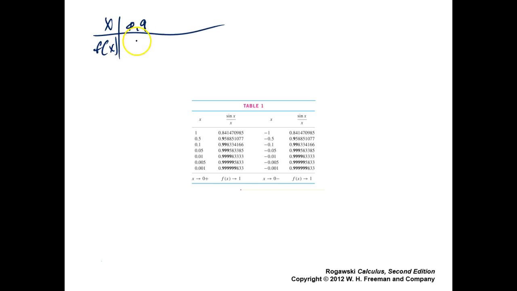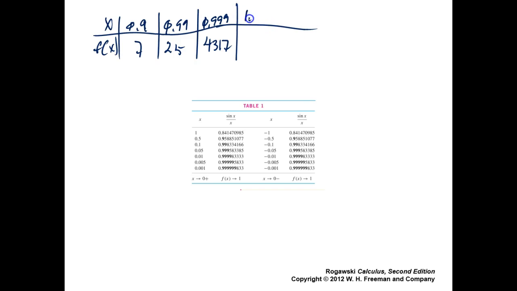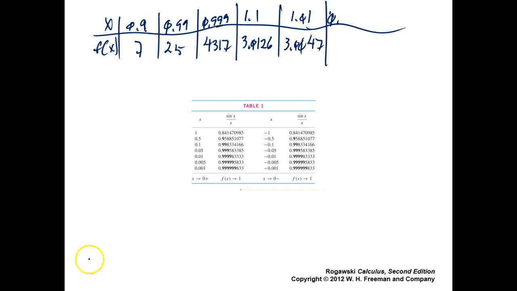Okay. Here's a table. x, f of x. 0.9, 7. 0.99, 25. 0.999, 4317. 1.1, 3.0126. 1.01, 3.0047. 1.001, 3.0011.